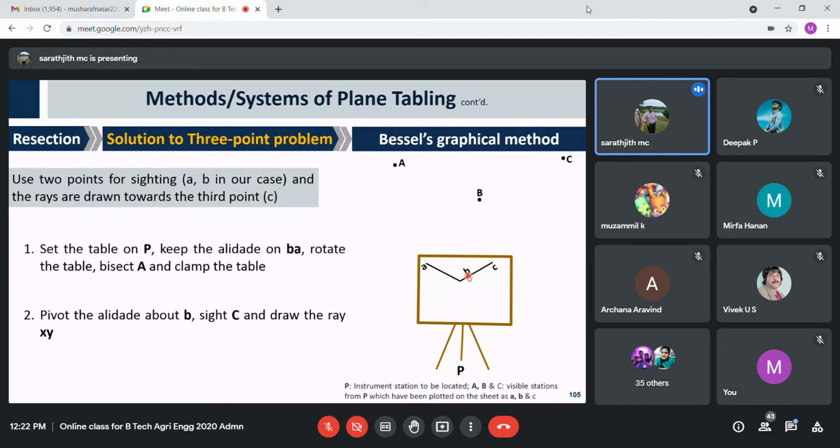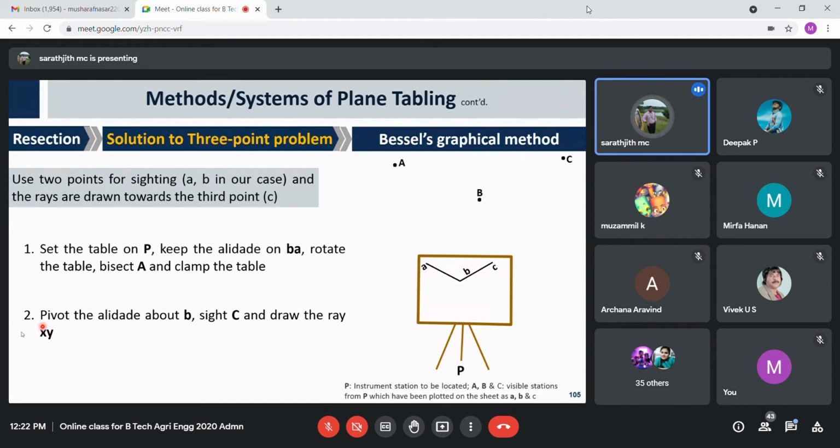In this method, they make use of two points for sighting, and the third point will be used to draw rays towards it. In our case, we will be using two stations A and B, or the two points small a and small b on the drawing sheet, for sighting purposes, and the third point will be used for drawing rays towards it.